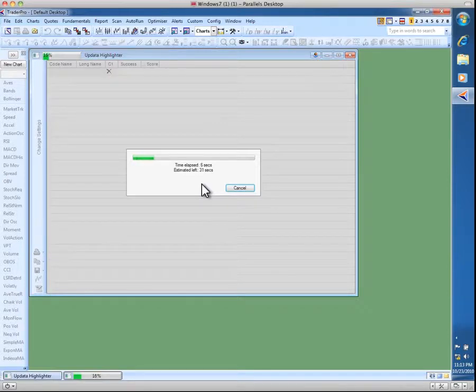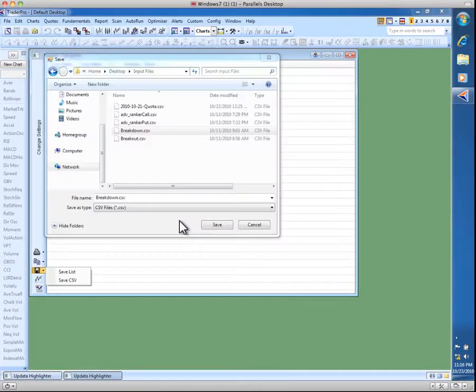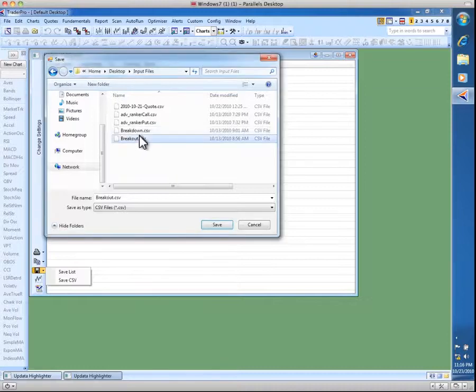It's going through 117 candidates, less than 40 seconds. Then from within Trader Pro, what you can do is export out both the breakout as well as the breakdown into a common folder. The quote file from thinkorswim was already exported.